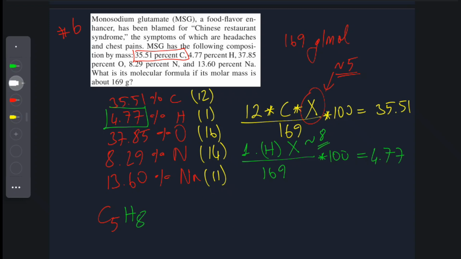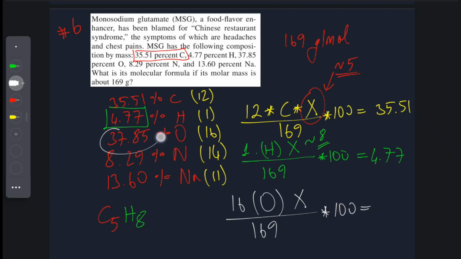I will make a similar calculation for oxygen. The molar mass of oxygen is 16. I don't know how many of them, I will write X. The molar mass of the molecule, 0.69 times 100 should equal this number.